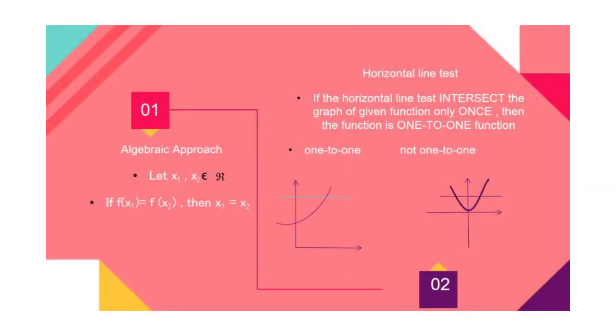For the algebraic approach, we start by letting x1 and x2 be real numbers. If we substitute x1 and x2 into f(x) and the result gives x1 equal to x2, we can conclude that f(x) is a one-to-one function. The second method is the horizontal line test. If the horizontal line intersects the graph of the given function only once, then the function is one-to-one. The vertical line test is used to test whether we have a function or not.